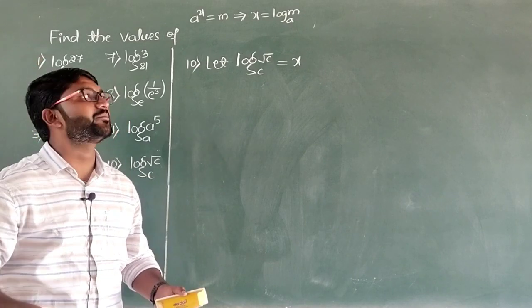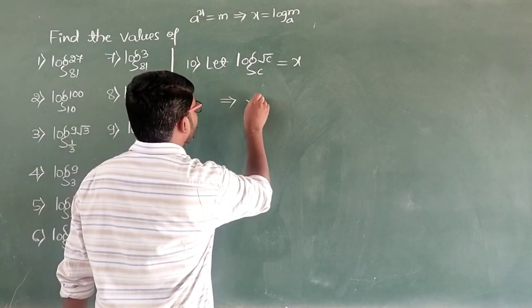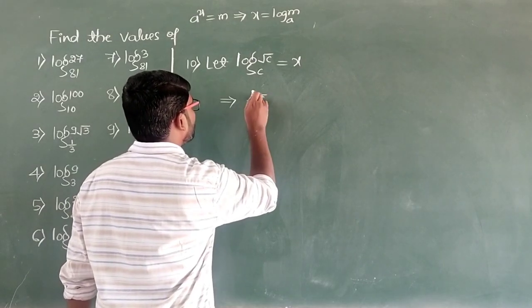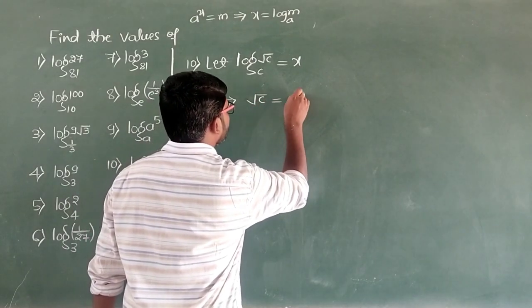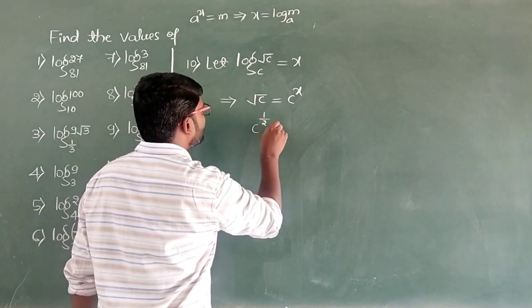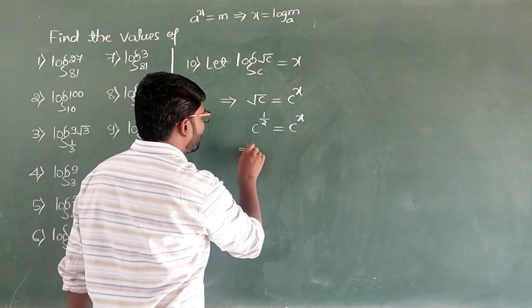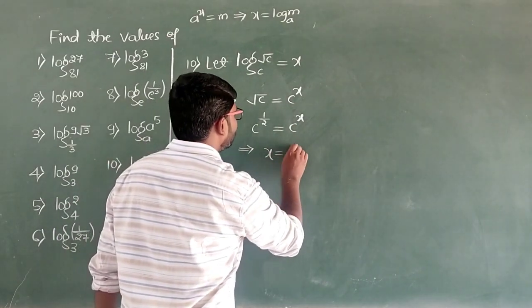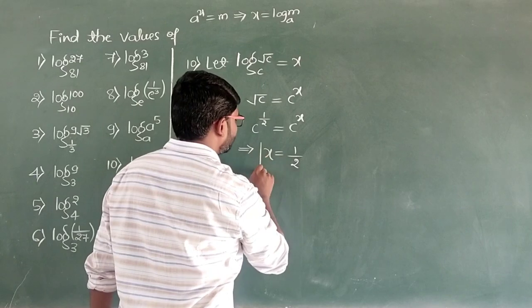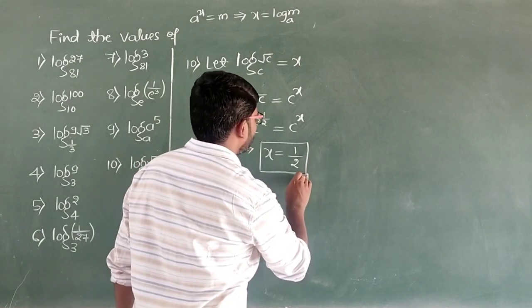This implies root c is equals to c to the power x, and then root c can be written as c raised to 1 by 2, which is equals to c to the power x. This implies the value of x is 1 by 2. This is the final answer for question number 10.